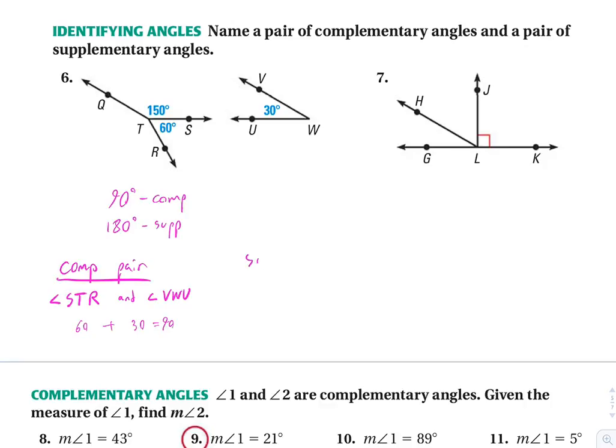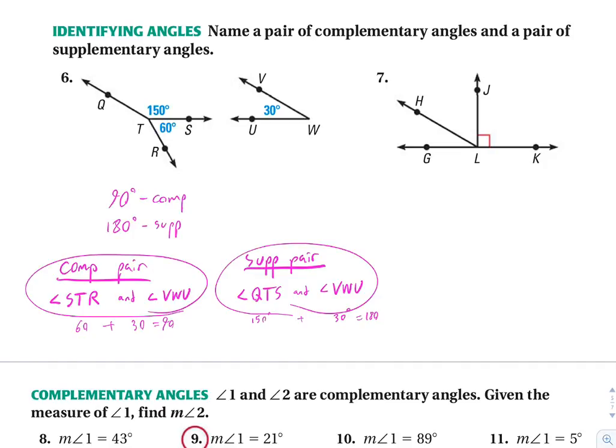Great. And our supplementary pair are, let's see, angle QTS, which its measure is 150 degrees, and angle VWU, which is 30 degrees, and that's because when you add those up, they're 180, so those are supplementary, okay?